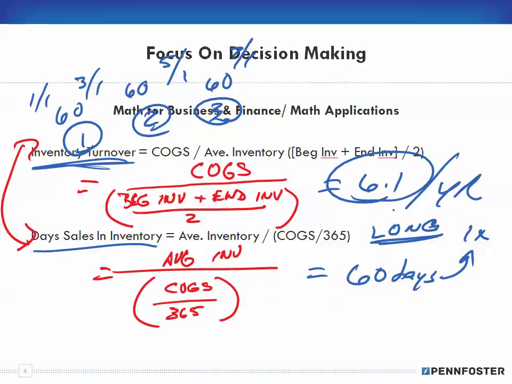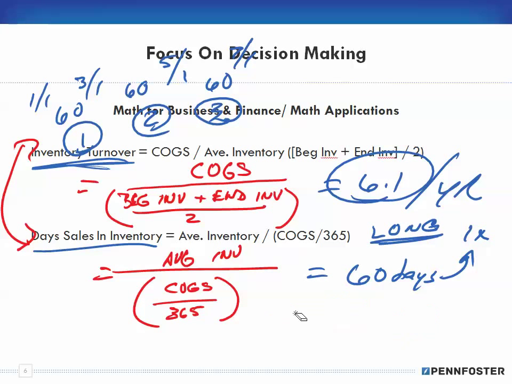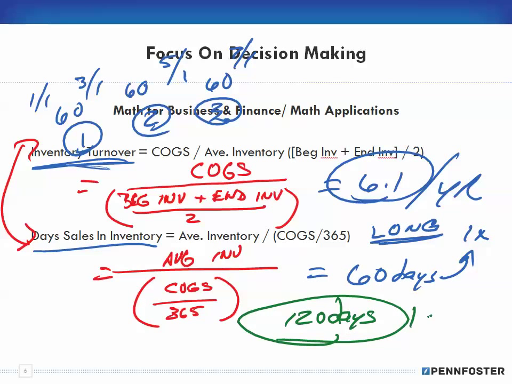Now, obviously think about this. If it took me 120 days to turn over the inventory one time, maybe I should do this in green. If I take 120 days to turn over the inventory one time, that means I'm not turning over my inventory 6 times a year.